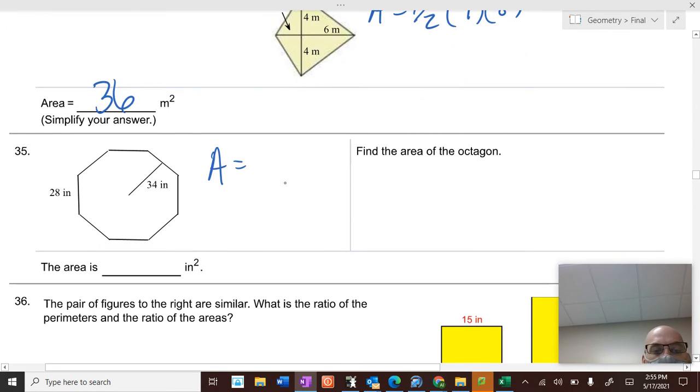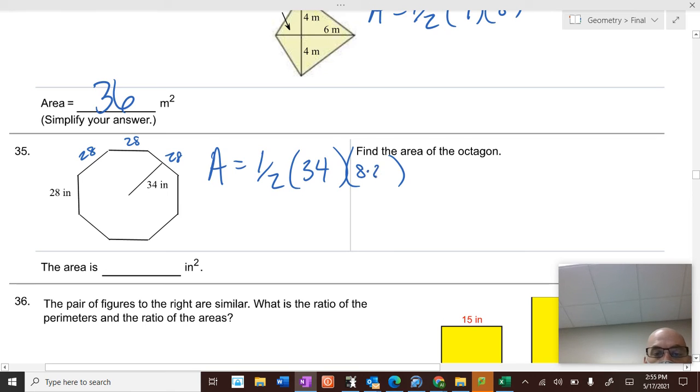Area of this one is 1/2 of... 28, 28, 28, 28. Take the perimeter. So it's 1/2 the apothem times the perimeter.